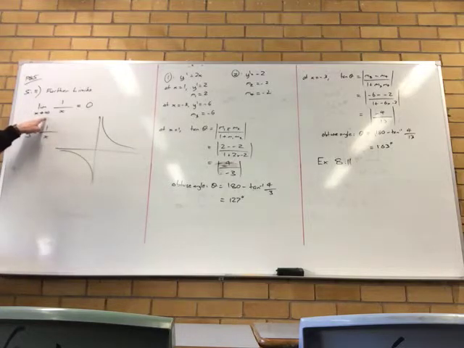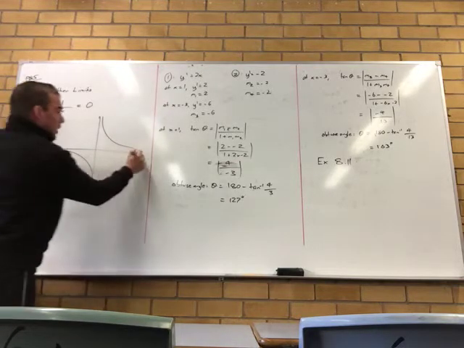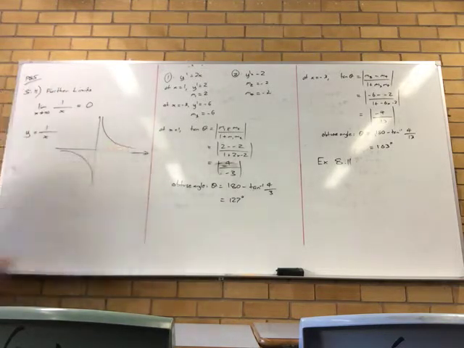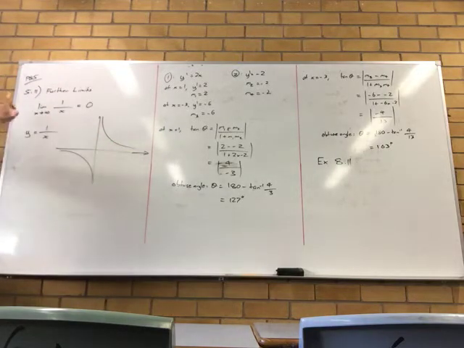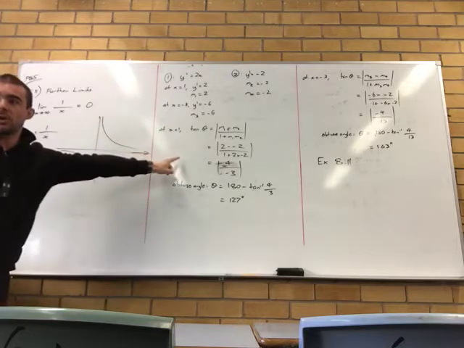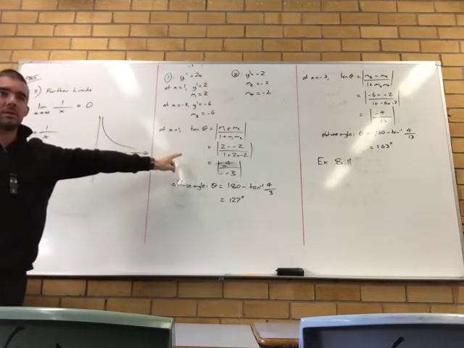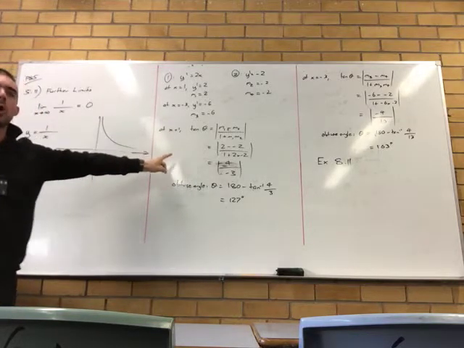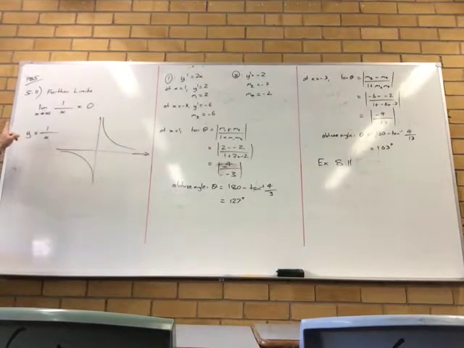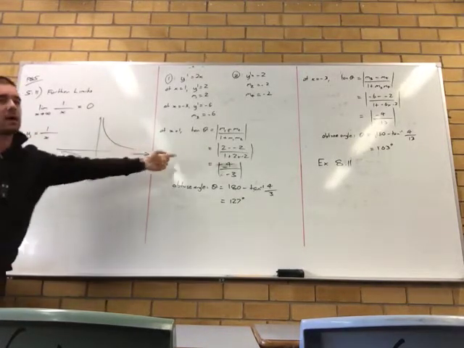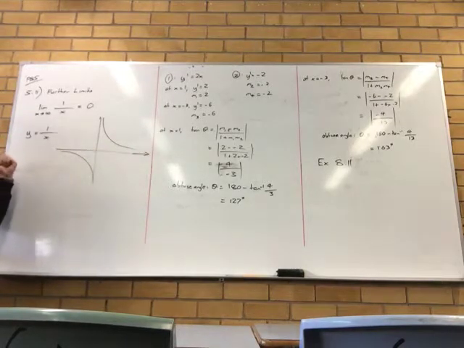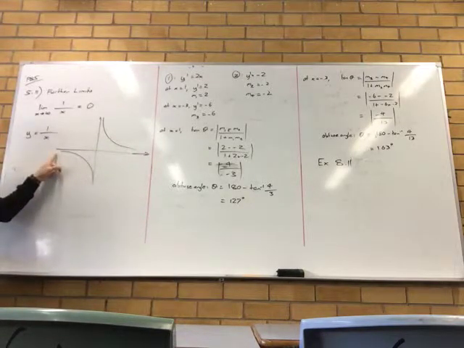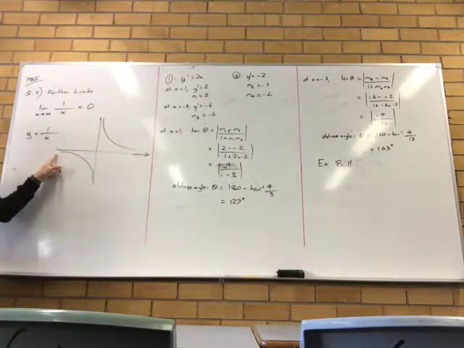When we take a very large x value, the curve itself, or your y value, will get very, very close to 0 but not reach it. That's the idea of a limit. A very large number in the positive direction, or in the negative direction, will also approach 0.